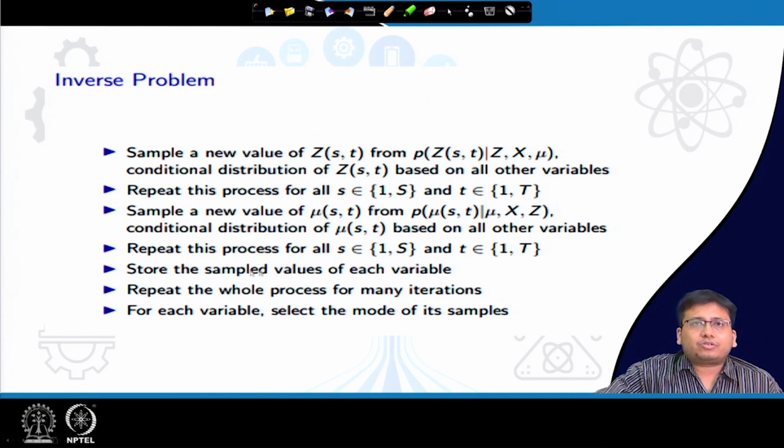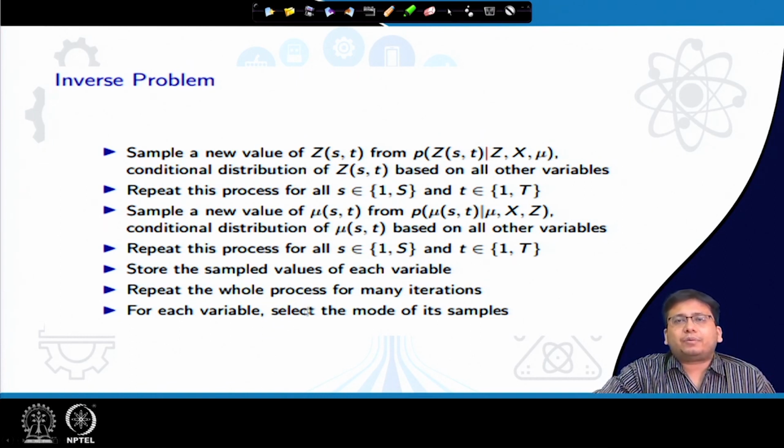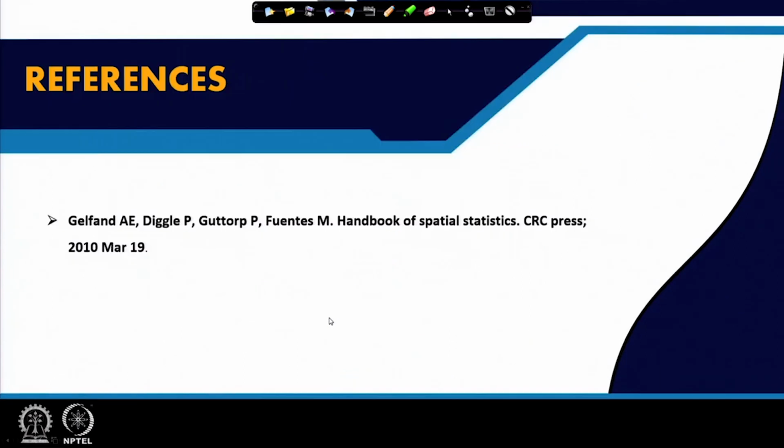And once you have sampled a large enough number of these values for every location and every time point, for all the different latent random variables that are involved here, you store those sampled values and repeat this whole process for many iterations, so that for each random variable you get a large number of samples. Using those samples you can get something like a posterior distribution over them, and then you can select the mode of those samples to get the final values.